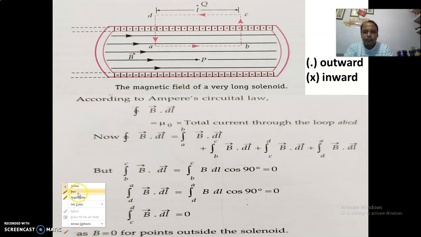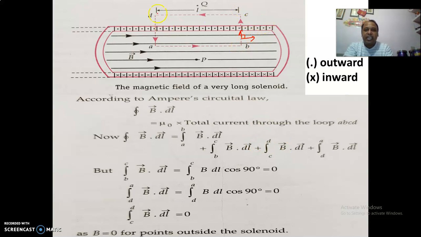Let me draw it here so that you can understand it more clearly. The magnetic field is in this direction, and dl is in this direction. So they make an angle of 90 degrees, and cos 90 is 0. So here B dot dl will be 0 when we integrate the length from B to C.